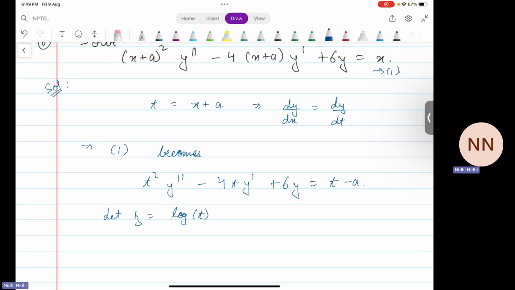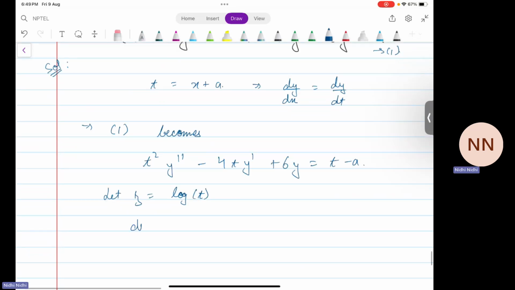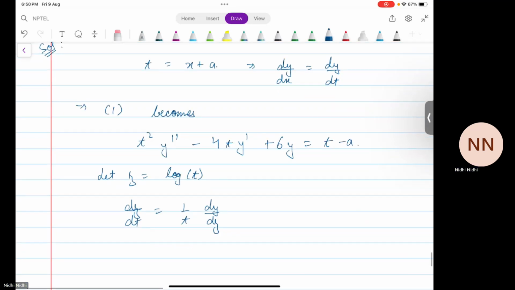This gives us dz/dt = 1/t, dy/dz, and d²y/dt², again using the product rule, we get d²y/dt² minus dy/dt.